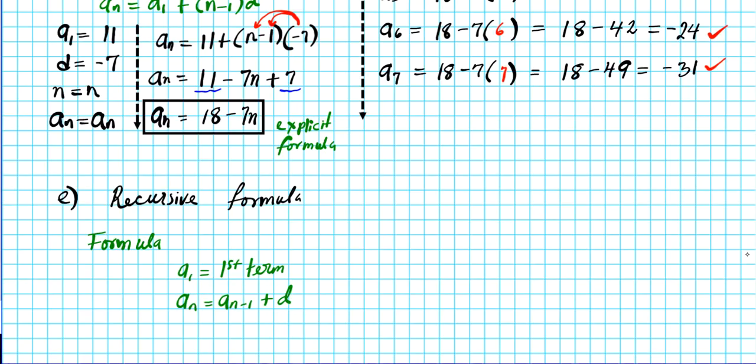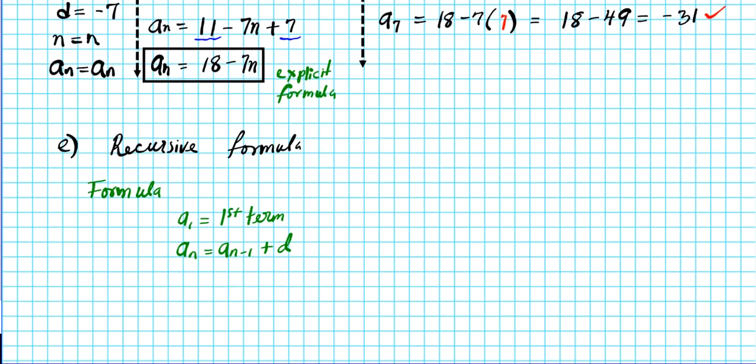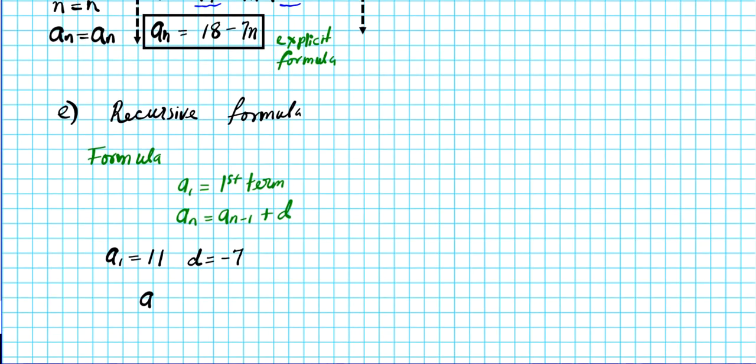Okay, so if we apply that idea to this problem, we know that the first term a1 is 11, and our common difference is negative 7. So let's plug it in here. A1 is 11, and then a sub n is going to be the term before it, a sub n minus 1, plus the common difference, which is negative 7.